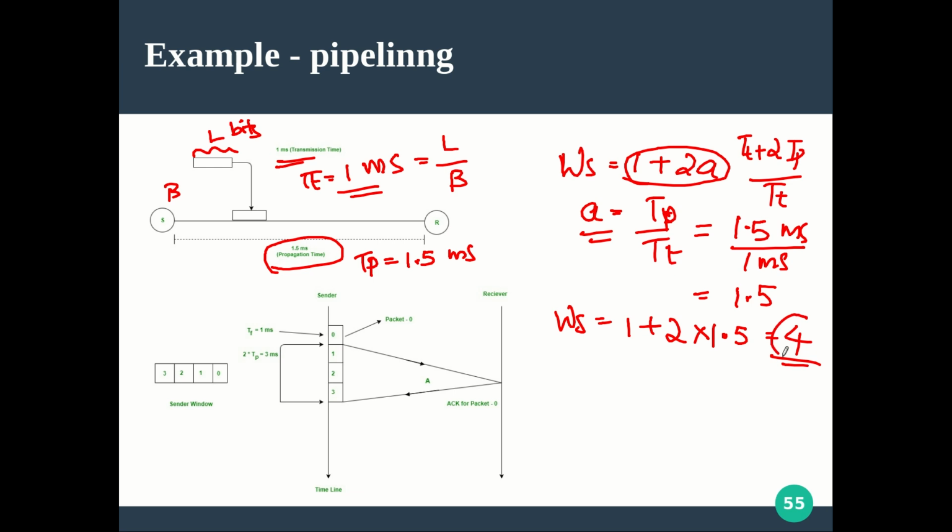That means the sender can transmit 4 frames instead of a single one, as is done in stop and wait. In stop and wait, the total time taken for transmission and reception of the acknowledgement, the cycle time of a single frame, is tt plus 2 tp. What does it mean?